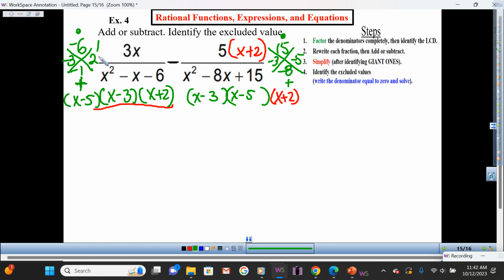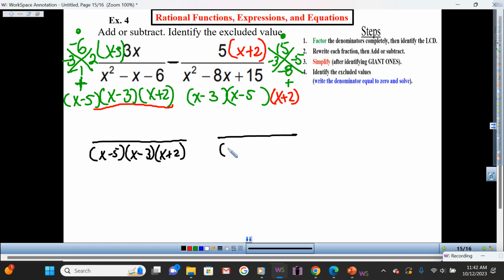Is that correct? So we multiply the numerator times x minus 5. So our denominators, now we have a long denominator for each. We got x minus 5, x minus 3, x plus 2, x minus 5, x minus 3, x plus 2.